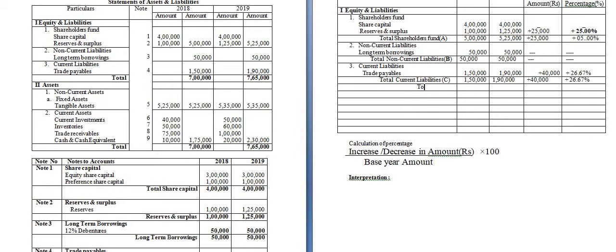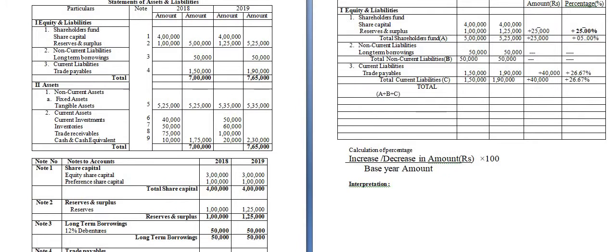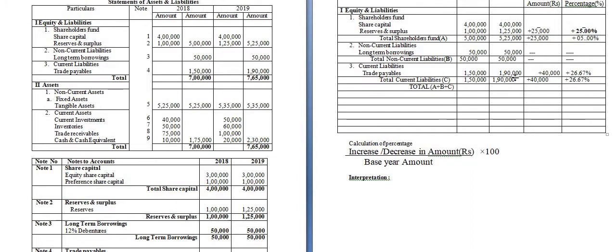So write total, in bracket A plus B plus C. So A is how much? 5 lakh, B is 50,000 and C is 1,50,000. So total is 7 lakh.